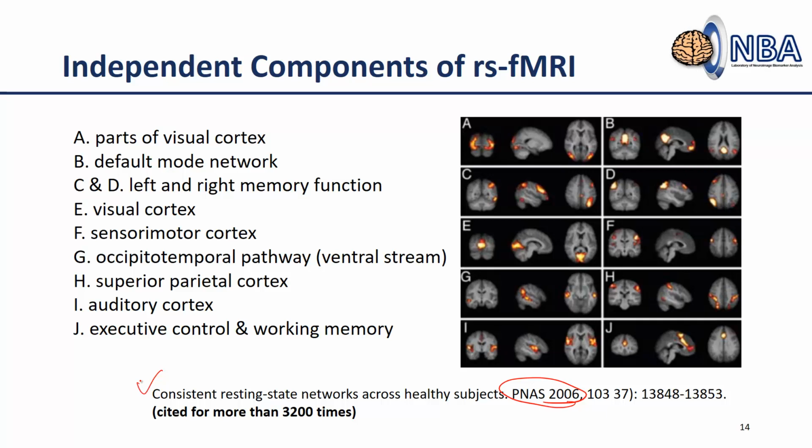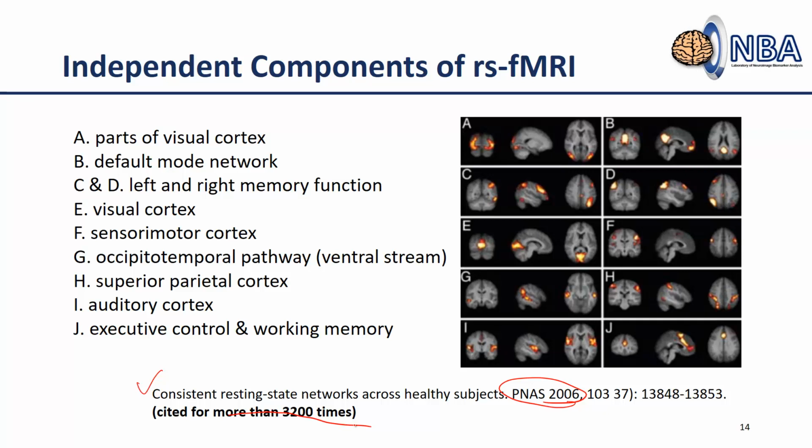I introduce this paper for your reference, because ICA can definitely be performed on resting state fMRI, not only for task-specific fMRI. This important publication is now cited more than 3,200 times. So this is very important.